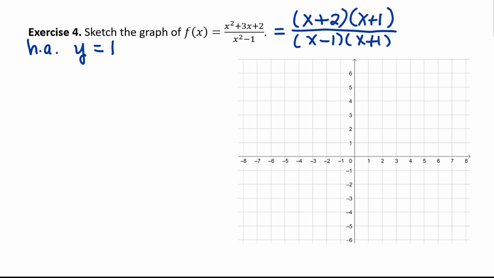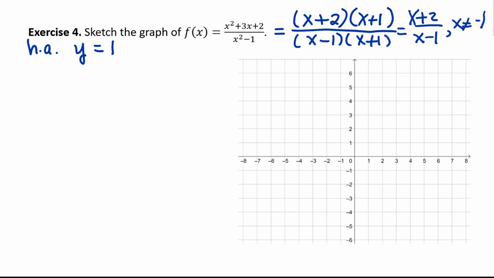Now, it's very tempting, if we were just simplifying, to cancel the x plus 1s. However, even if we do, the x plus 1 factor would give us a 0 in the original unsimplified form, so we could write this as x plus 2 over x minus 1 with the understanding that x cannot equal negative 1, because the negative 1 in the original would give us a 0 in the denominator.